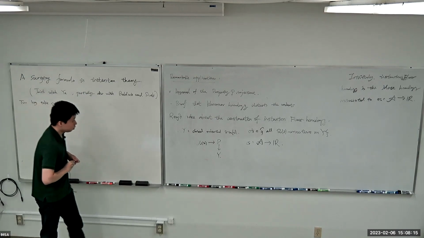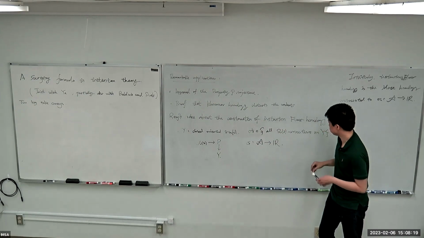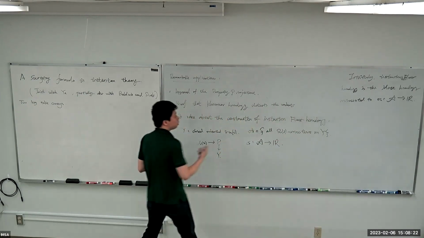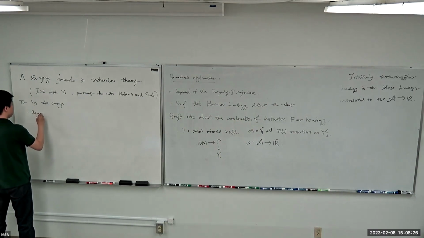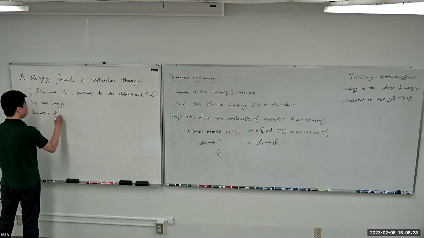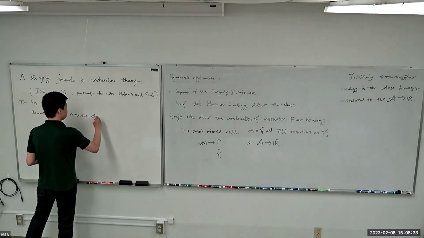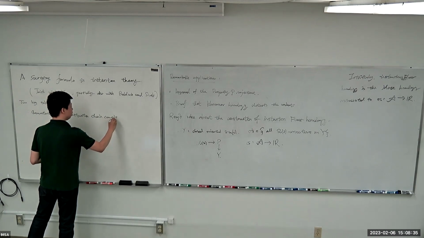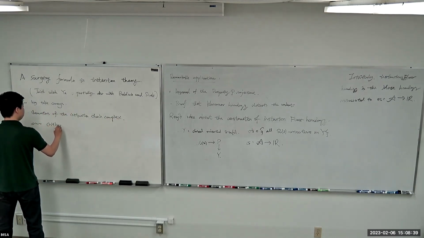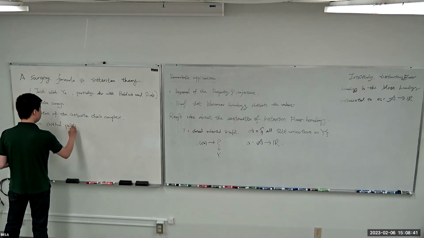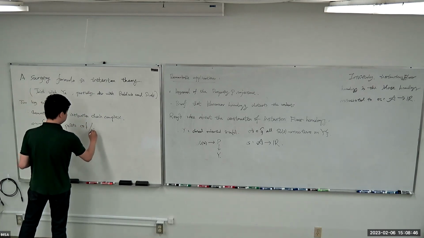Sorry, I didn't write down the formula for the Chern-Simons functional, but if we look at the generators of the Instanton chain complex, this corresponds to the critical points of the Chern-Simons functional modulo the symmetry.